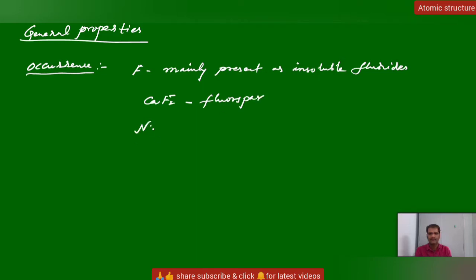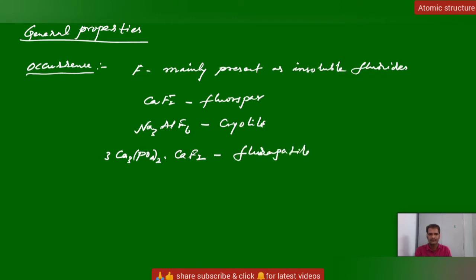Sodium aluminum fluoride, Na3AlF6, is cryolite. And fluorapatite, which we have already discussed at the time of phosphorus, is Ca3(PO4)2 taken thrice with CaF2. So fluorine occurs as fluorspar, cryolite, and fluorapatite.